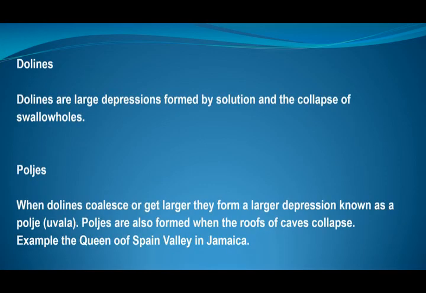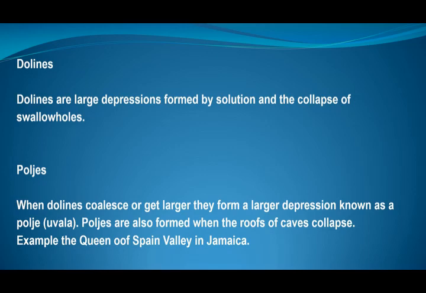Dolines. A much larger swallow hole is what we call a doline, but dolines can also be formed when the roof of caves collapse, leaving a large opening or hollow in the limestone surface. However, a much larger doline is what we call a pulgey.